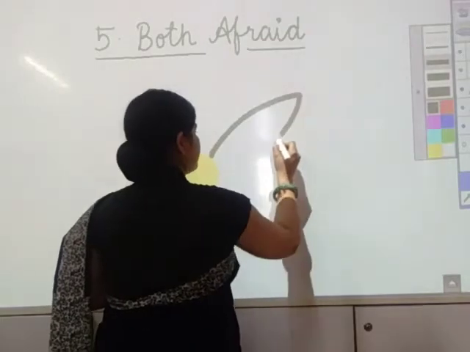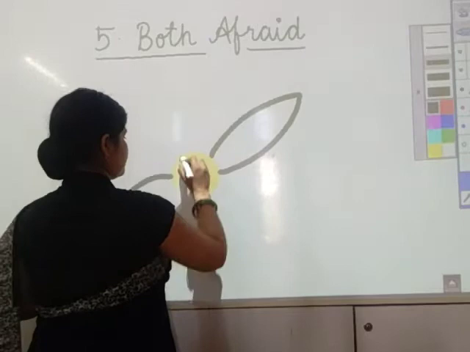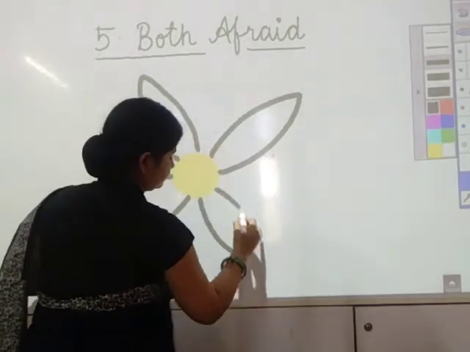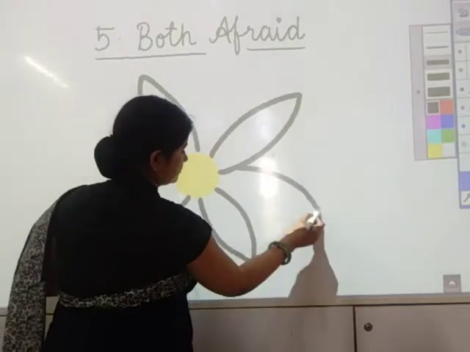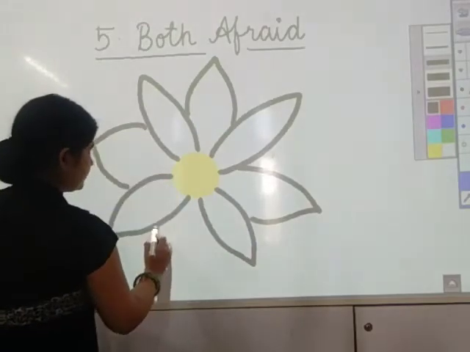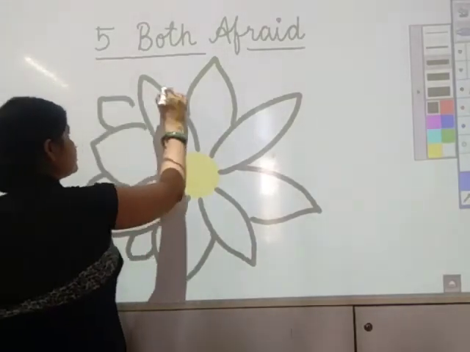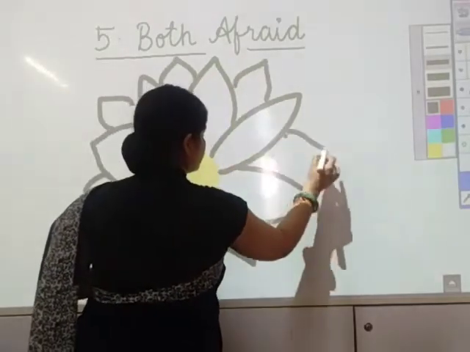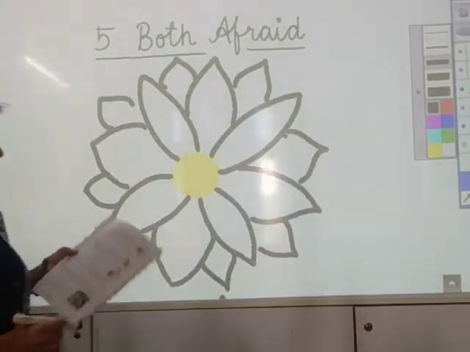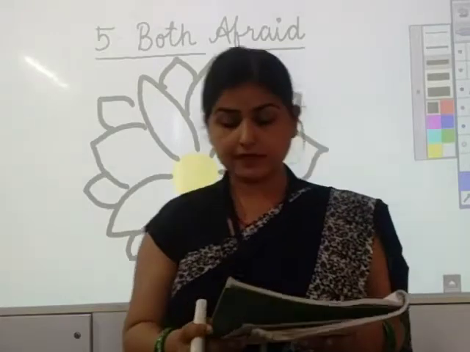A daisy has a petal like this. A daisy looks like this. And in the question it is given that in the poem the little girl wandered in a field of daisy.